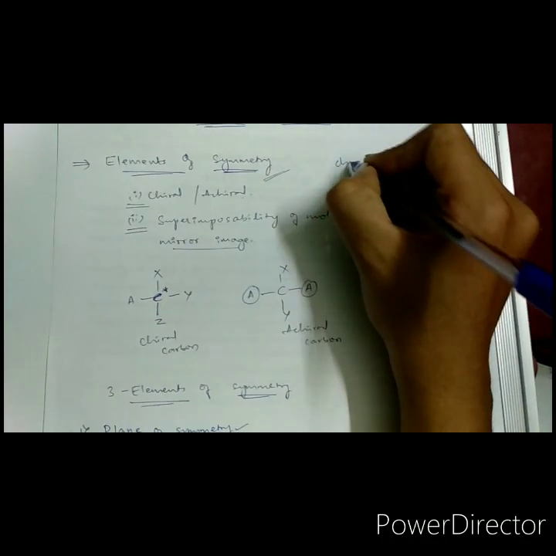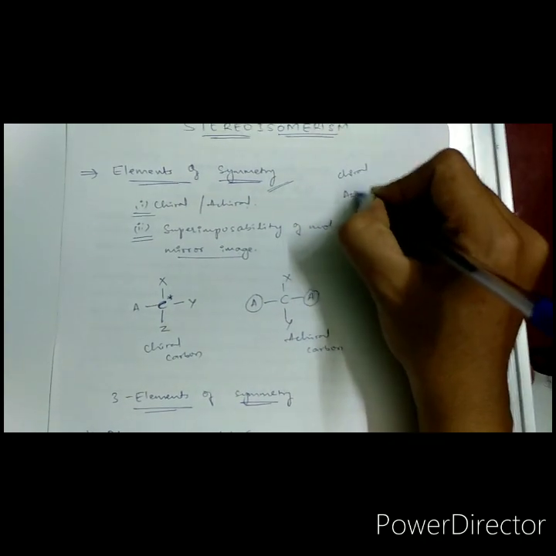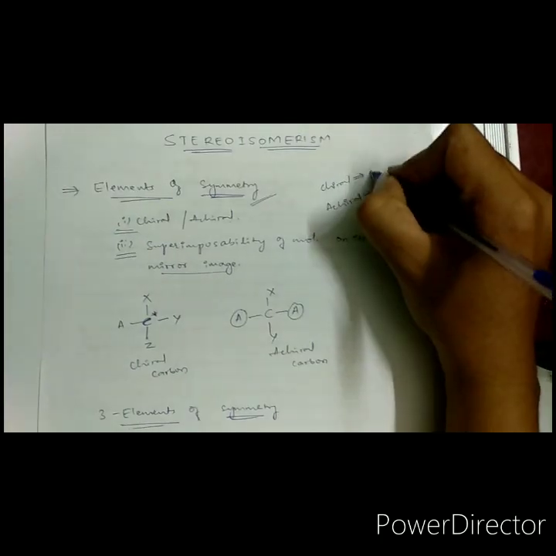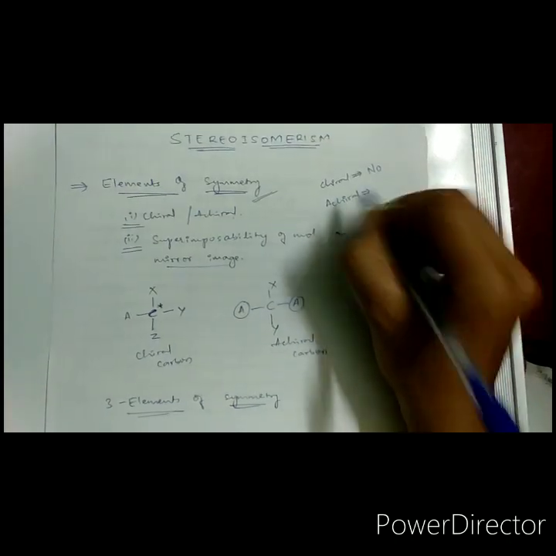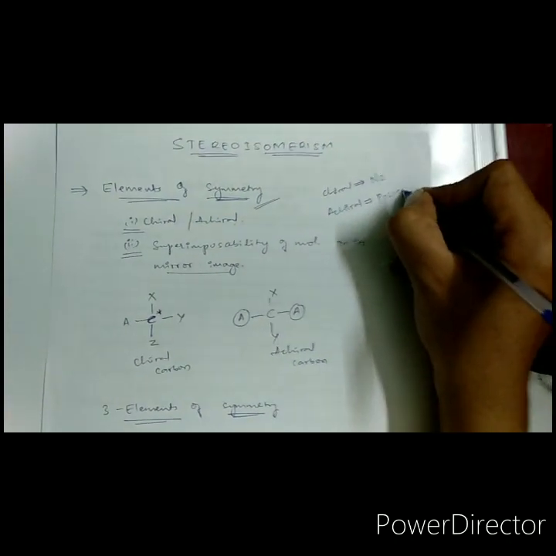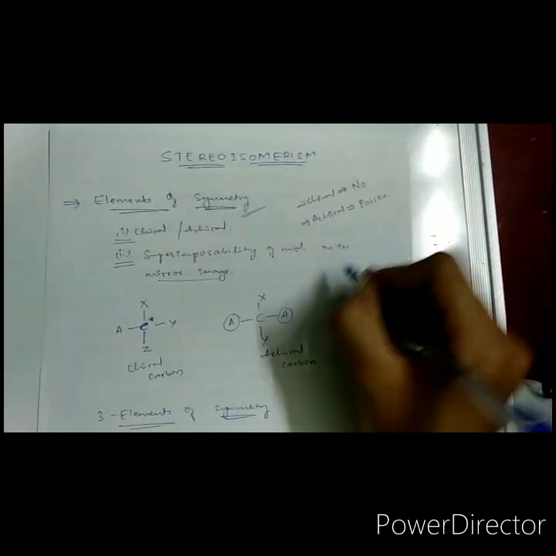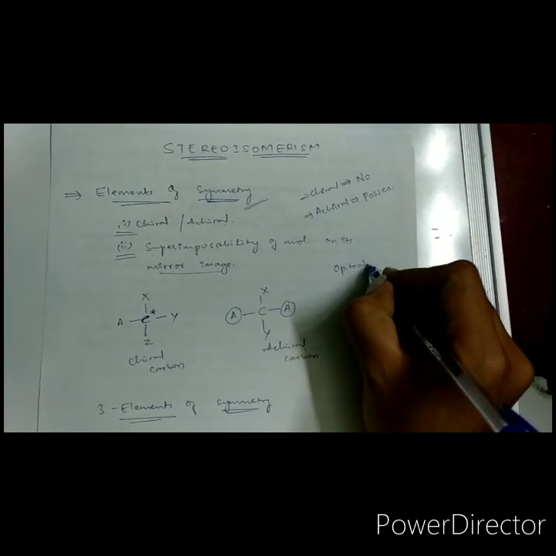So here now if the molecule is chiral then it will have no elements of symmetry, while if the molecule is achiral then only it will possess element of symmetry. So these elements of symmetry can define whether a molecule is chiral or achiral, and also it will define whether the molecule is optically active or not. So these are the two important features to define molecules element of symmetry.